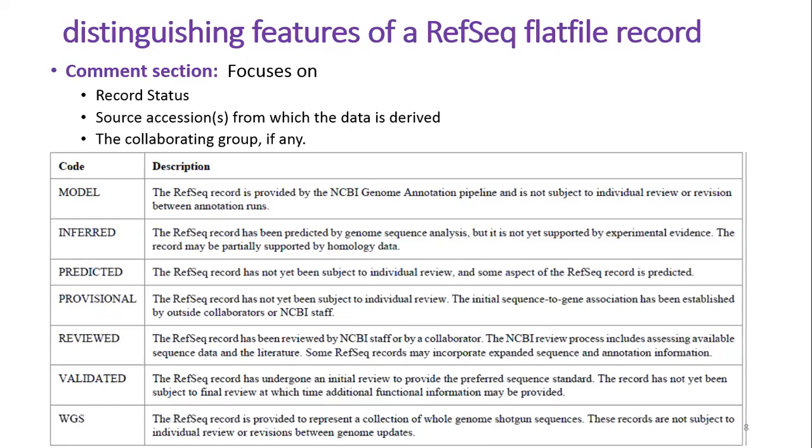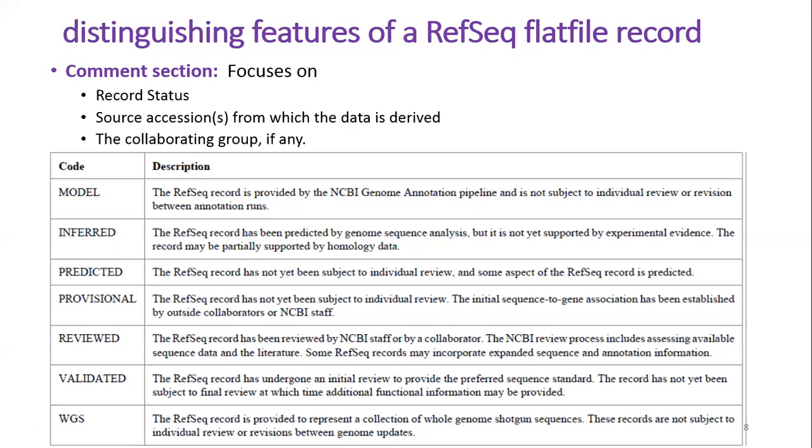The NCBI review process might include accessing available sequence data and the literature associated with it. Some reference sequence records may incorporate expanded sequence and annotation information. On the other hand, the model status is given to a reference sequence record when it is extracted from the genome annotation pipeline.